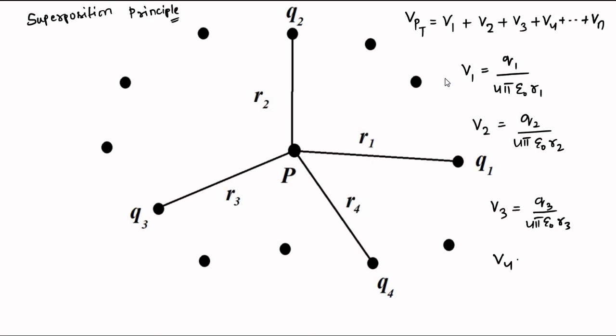V4 is Q4 by 4 pi epsilon 0 R4. So the total potential at P is V1 plus V2 plus V3 plus V4 up to the nth charge.